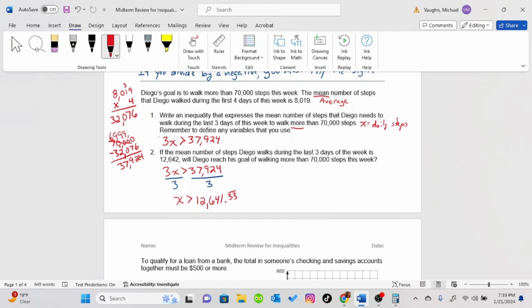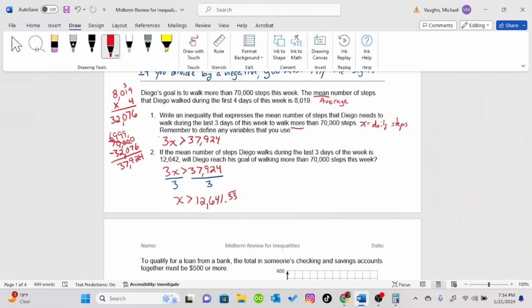So x must be greater than 12,641 and a third.